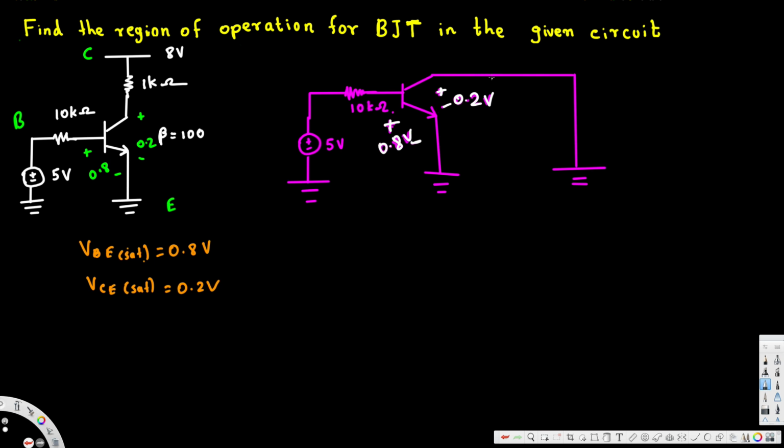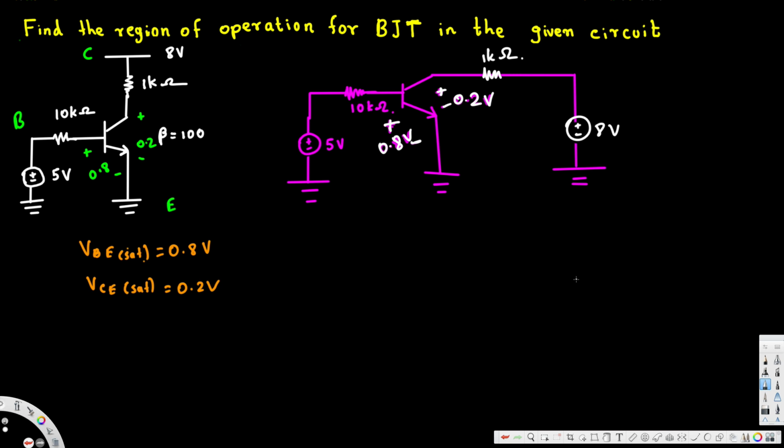And this one is, here we have 1k ohm resistor, and then here we have 8 voltage. Okay, that's all we have to know.